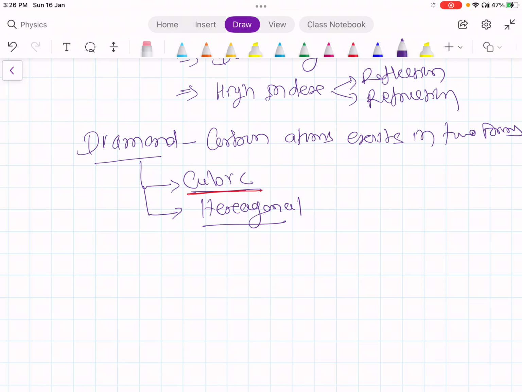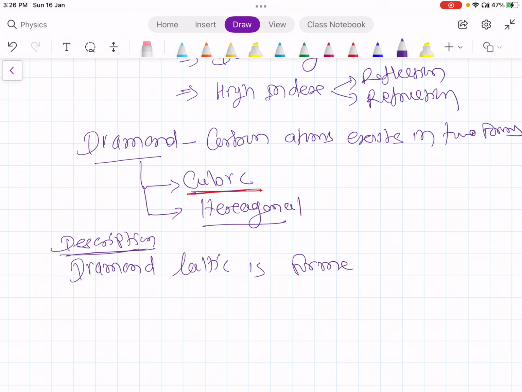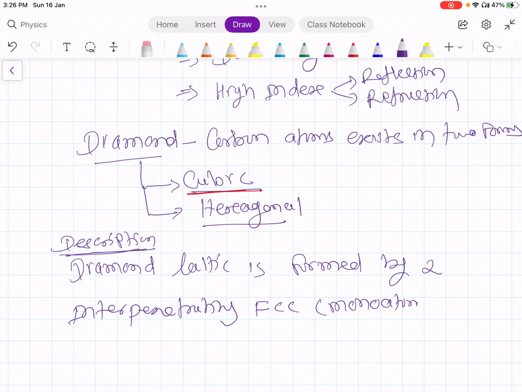The diamond lattice is formed by two interpenetrating FCC monoatomic sublattices of carbon atoms.